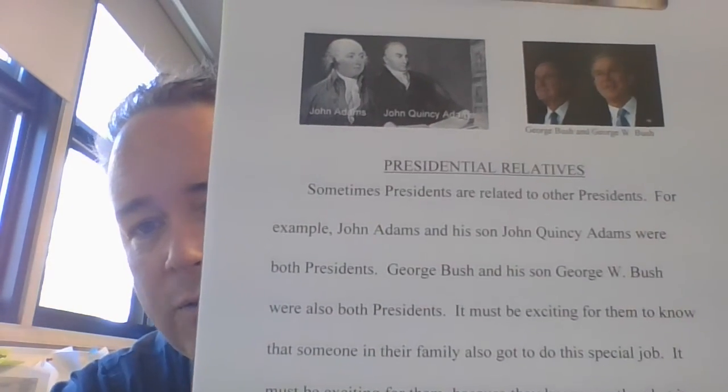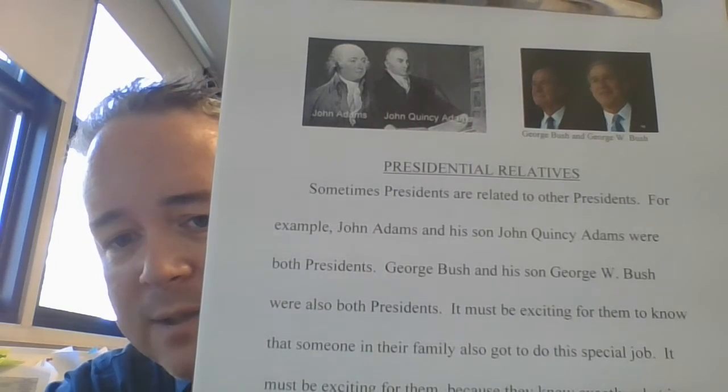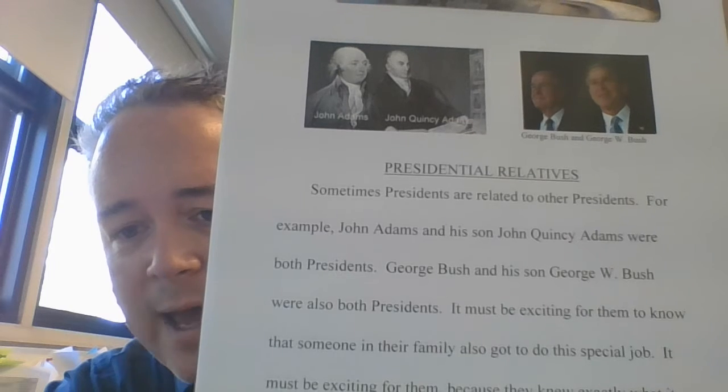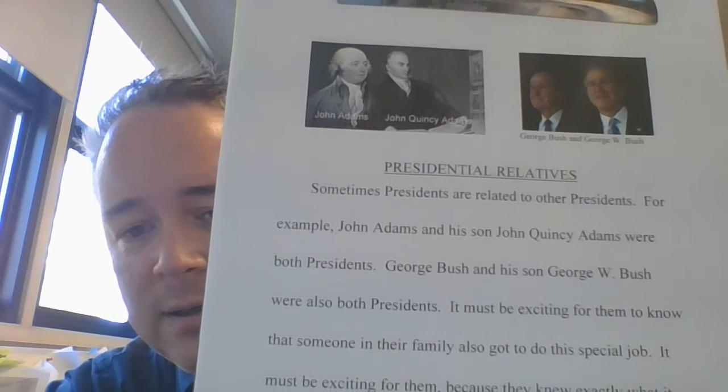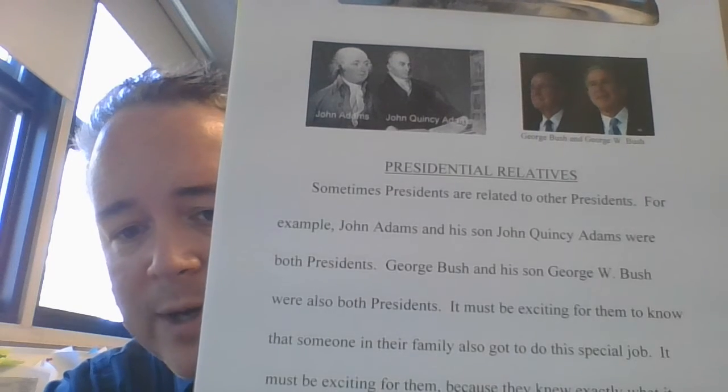And so I want to show you a page of my book. Ready? This page is called Presidential Relatives. I'm going to read it to you. It says, some presidents are related to other presidents. For example, John Adams and his son John Quincy Adams were both presidents. George Bush and his son George W. Bush were also both presidents.